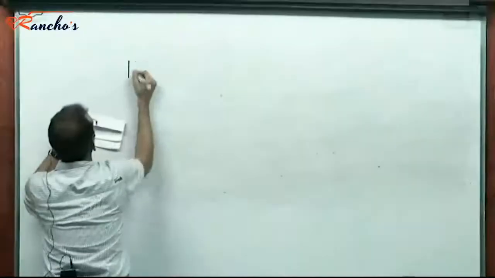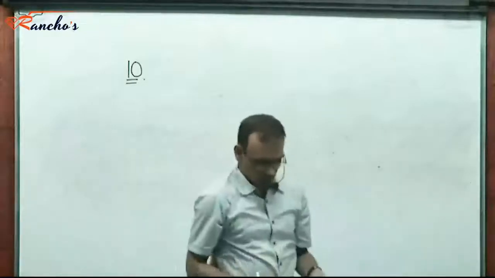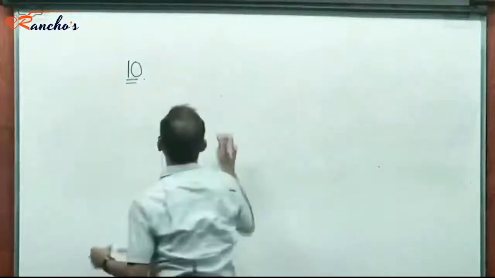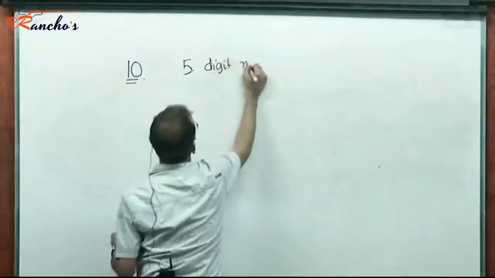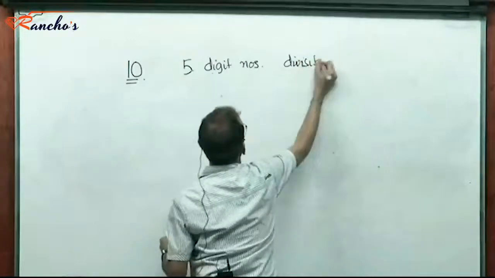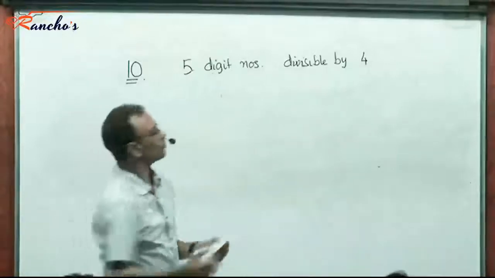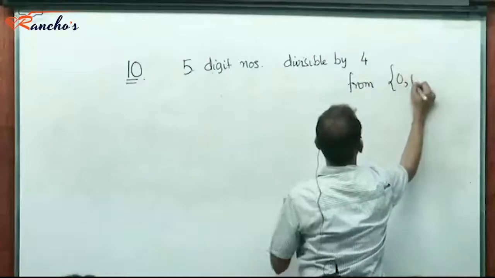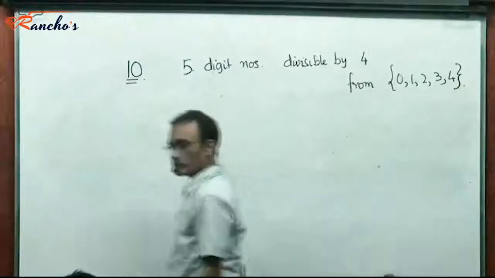Number 10. We want to constitute 5-digit numbers which are divisible by 4 from this set of numbers, right?